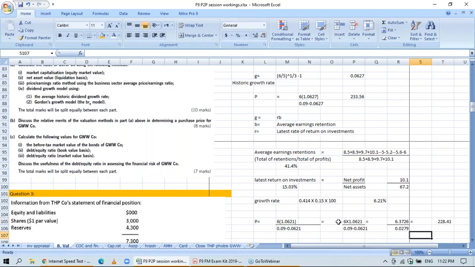So 228.4 million is the market price using the dividend growth model, and the last part of this is the dividend growth model using Gordon's model.